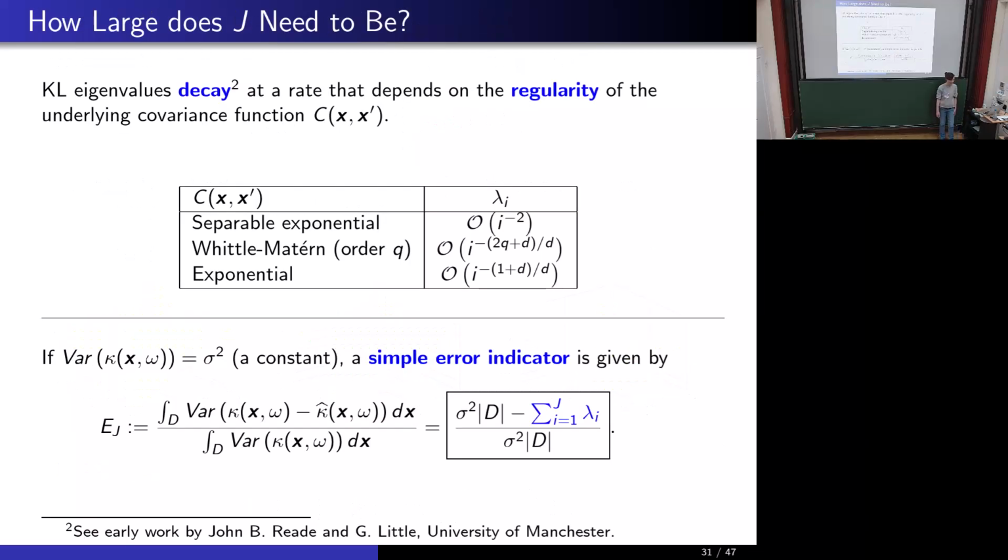So if we wanted to use this as a computational tool, the key question would be, how do those eigenvalues decay? And the good news is you can leverage functional analysis. People have been studying decay rates of eigenvalues of analytic kernels for a long time. I just want to flag up some early work in this field that was done at my university, University of Manchester, that is often overlooked and forgotten about in this UQ world.